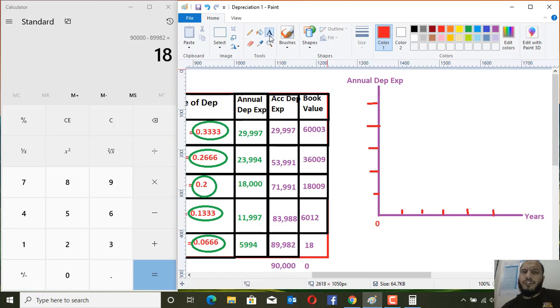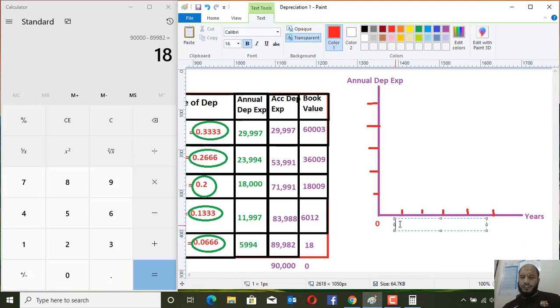Now dear students, we will give a value to each point. This point is the year 4 point, and then we have the year 5 point, and here we will measure the amount of money.